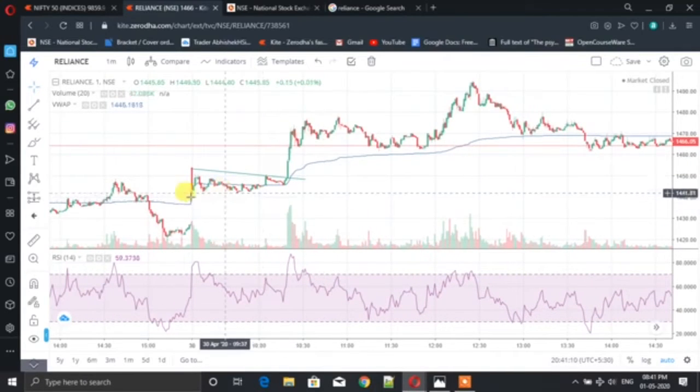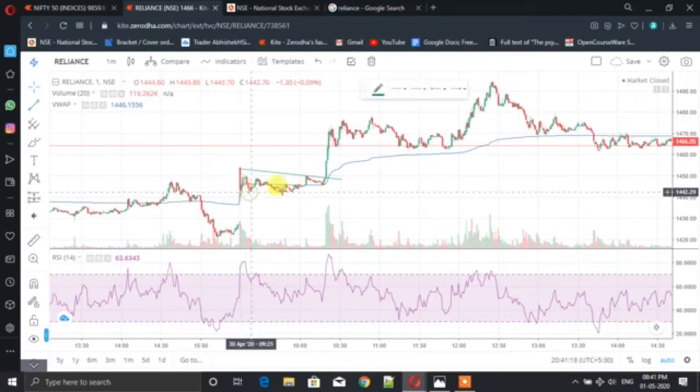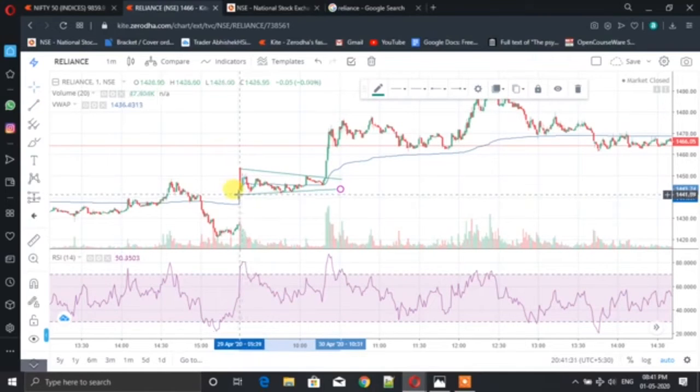So this is the first pattern you can see here, and one can easily see this triangle or pennant kind of pattern here. One could have traded this. This is actually a pretty good trade. So you guys need to draw a pennant like this. Once this pennant breaks out, you need to start entering the position.